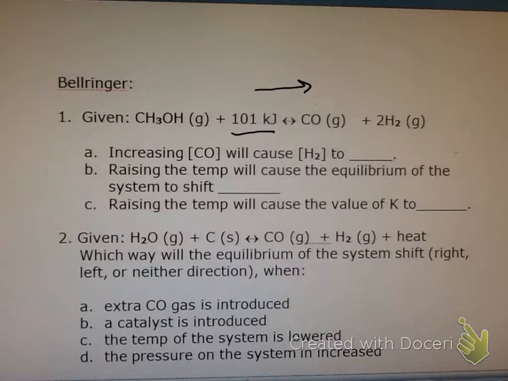That means that the forward reaction requires heat to go forward, so the forward reaction is endothermic. So when you increase the temperature of a system, the endothermic reaction is favored. So the forward reaction would be favored.